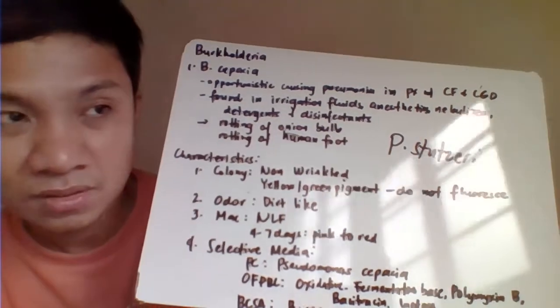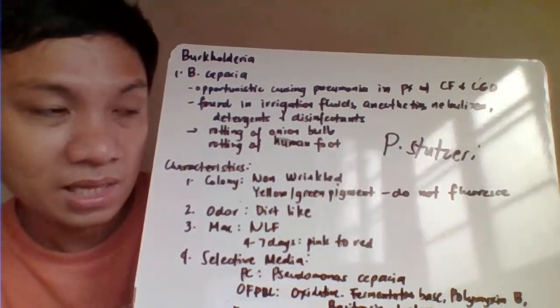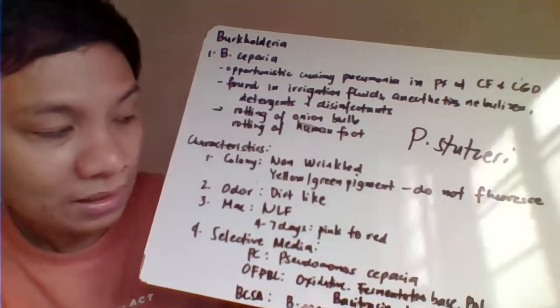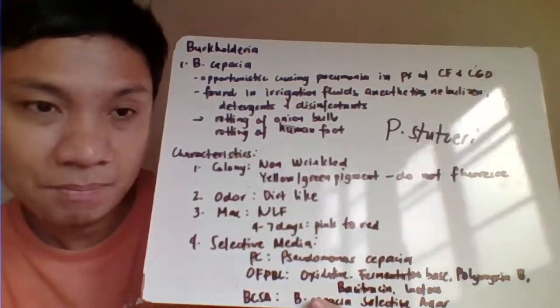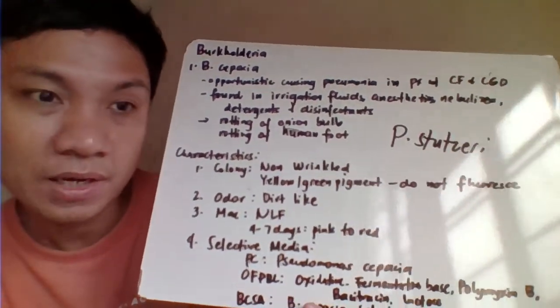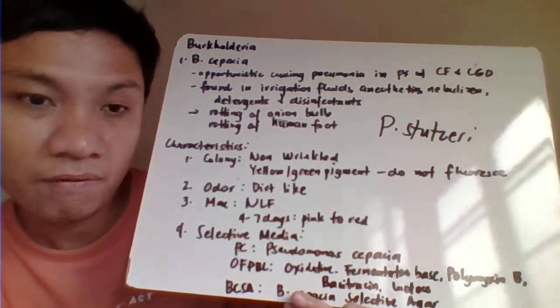But your Burkholderia cepacia is non-wrinkled, while this one is wrinkled. Then the pigment, although it tries to produce a yellow-green pigment, does not fluoresce.